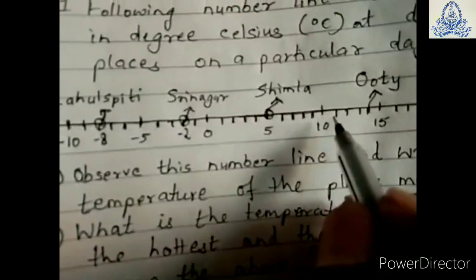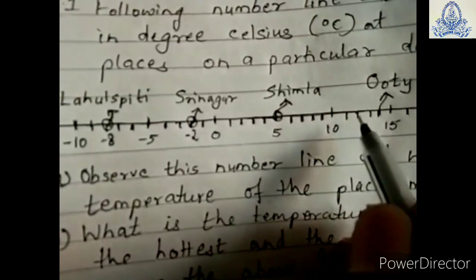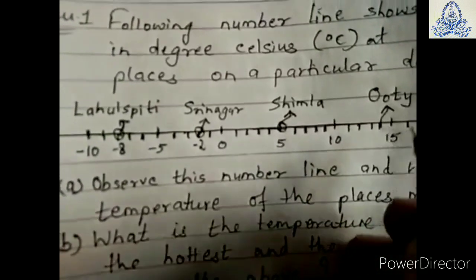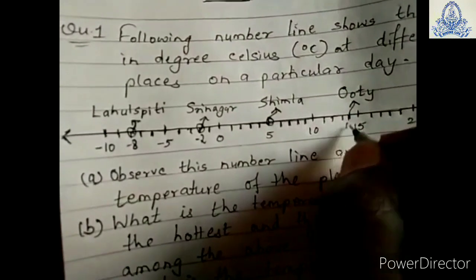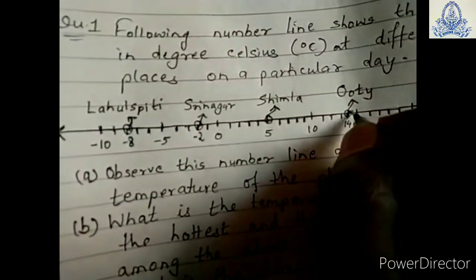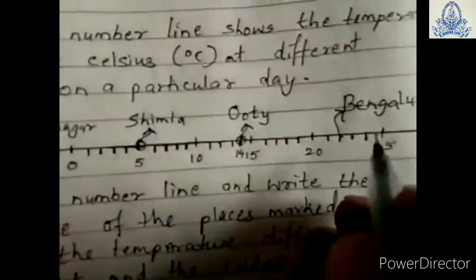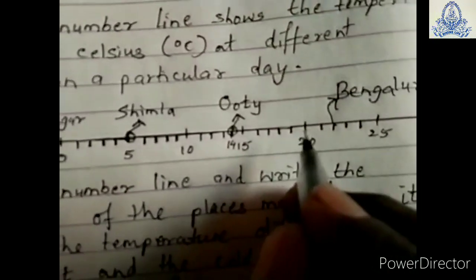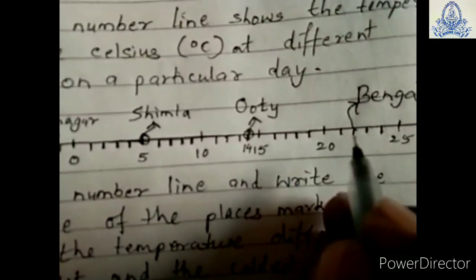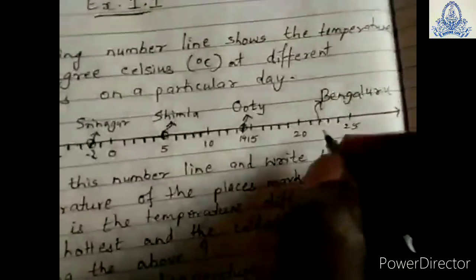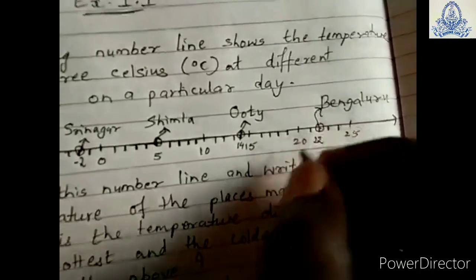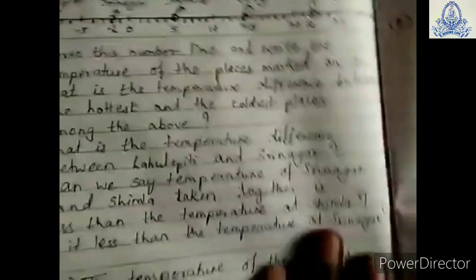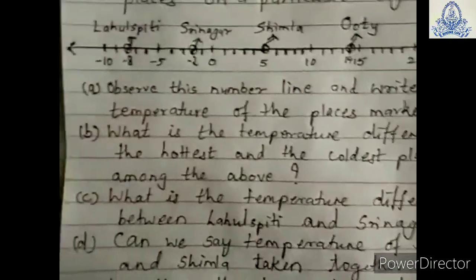Ooty, here it is 10, +11, +12, +13, +14. That means Ooty is at 14 degrees Celsius. In the same way, Bangalore is 20 degrees, 21, and this is 22 degrees Celsius.